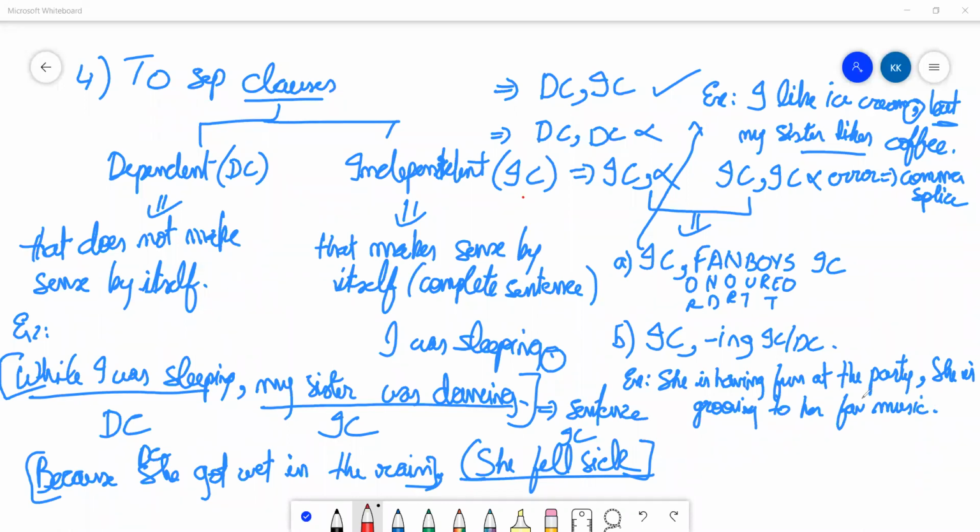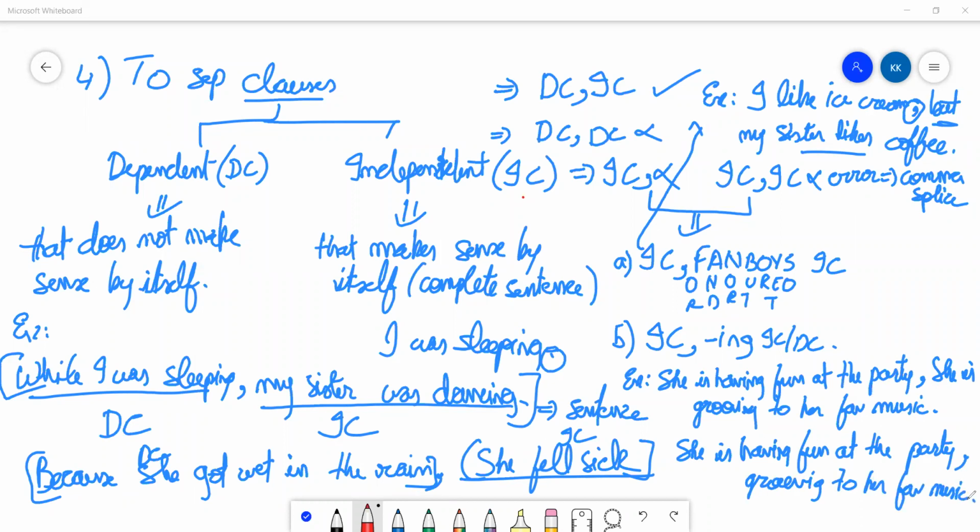Suppose these are the two sentences. Now you can see this is a comma splice. So how will you edit this comma splice? She is having fun at the party, comma, grooving to her favorite music.